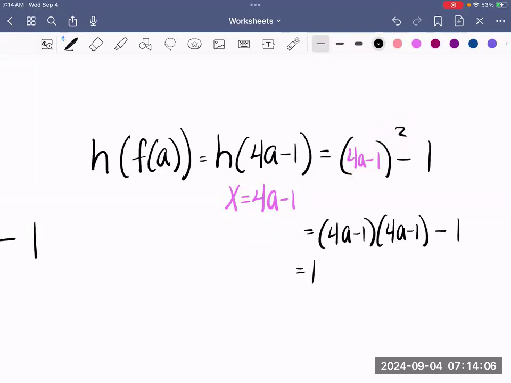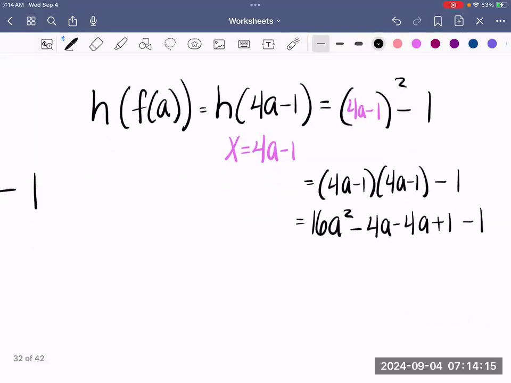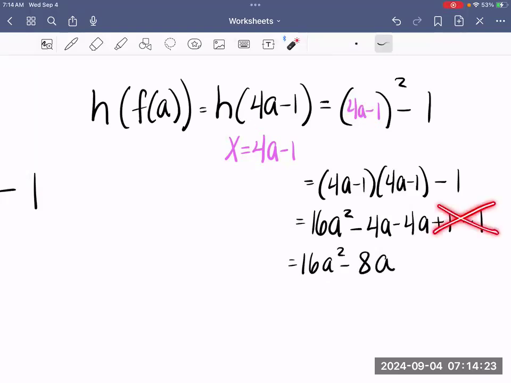Let's go ahead and FOIL. We get 16a squared minus 4a minus 4a plus 1 minus 1 on the end. We get 16a squared minus 8a. And unfortunately, these two ones are going to cancel because they're opposite.